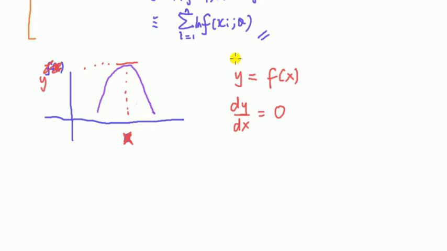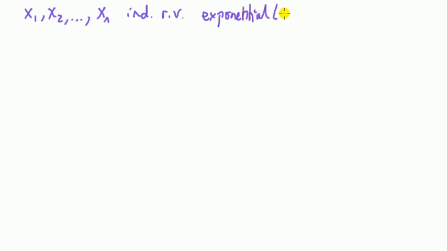Now let's have a look at a couple of examples. First example: let my x's be independent random variables from an exponential distribution with parameter lambda.